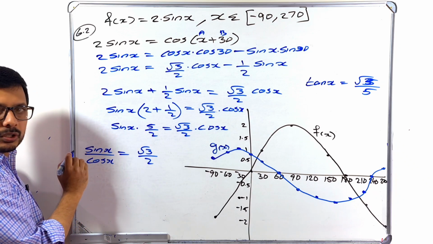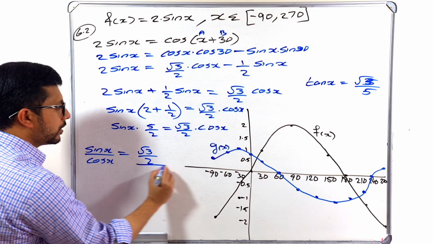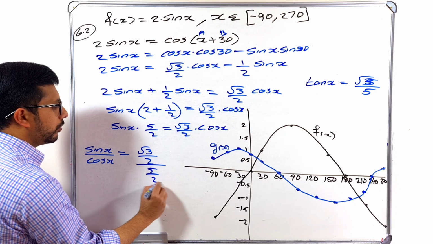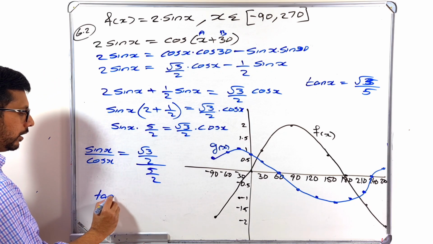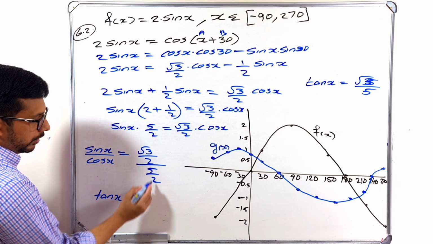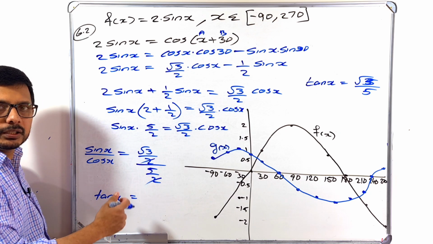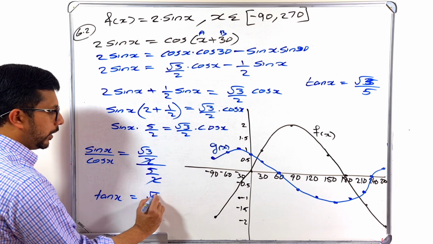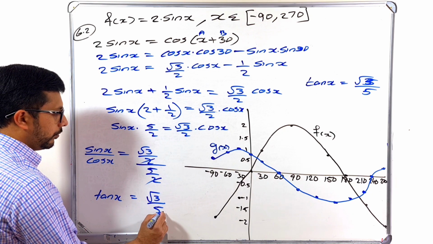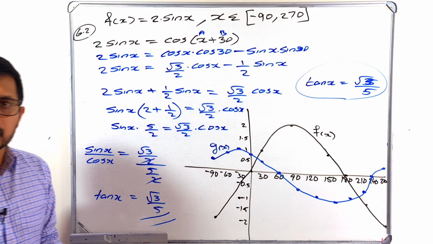Can you see that dot stands for multiplication? So if I want to take this one to the other side, it is division, so divided by 5 over 2. So now sin x by cos x is tan x, is equal to this. Here you can see this root 2 and root 2, let's simplify, or you can check in your calculator, there is no problem. 2 and 2 cancel, then the remaining is root 3 by 5, and that is what you want to prove in the question, root 3 by 5.